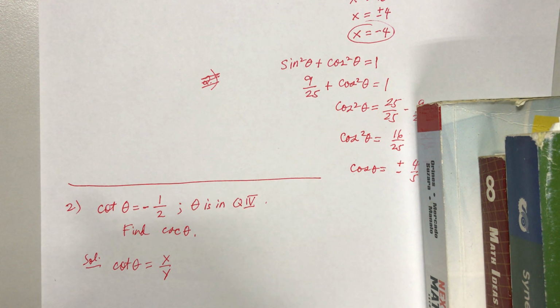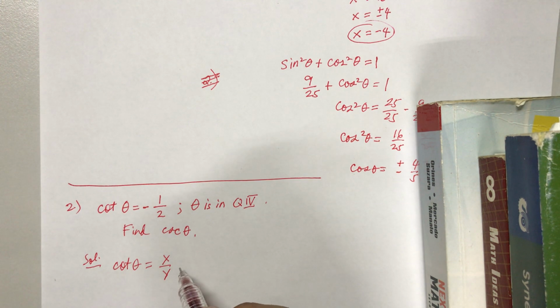And in quadrant 4, going back to our lesson in intermediate algebra, for a point to be found in quadrant 4, its abscissa or x-coordinate must be positive, while its y-coordinate or ordinate must be negative. Diba? Again, for an ordered pair xy to be found in quadrant 4, its abscissa must be positive, its ordinate must be negative.